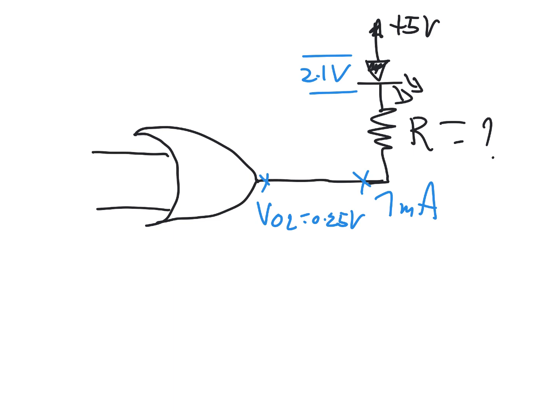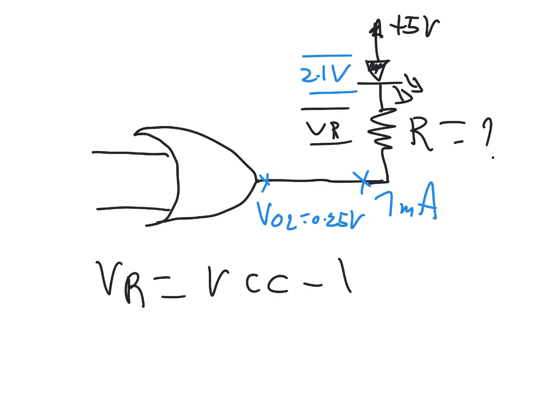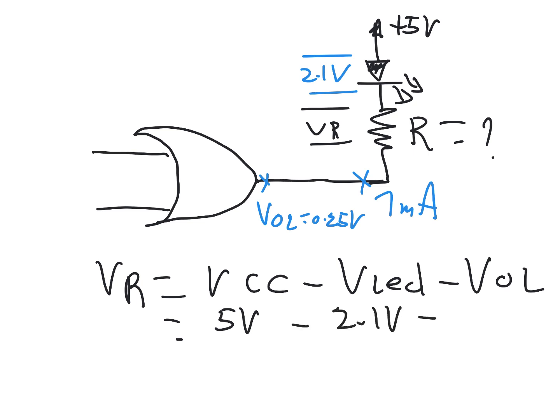what's R? Well, voltage VR equals VCC minus the LED minus VOL. So that's 5 minus 2.1 minus 0.25, which is 2.65 volts.